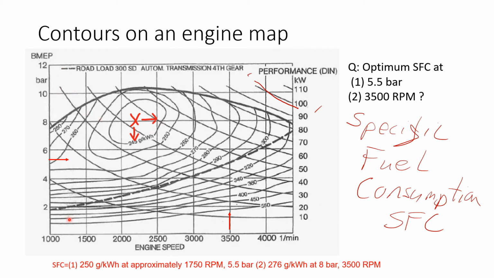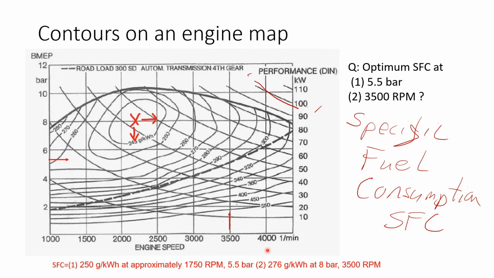On my y-axis, I have something called brake mean effective pressure. That's the average pressure in the engine. The bigger this is, the more work my engine does with every engine cycle. And on my x-axis, I have engine speed in revolutions per minute.